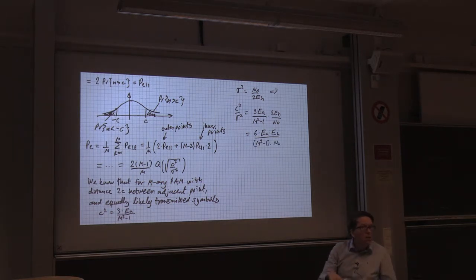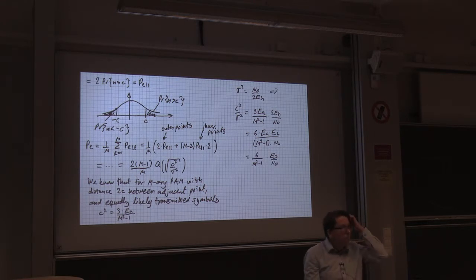And now we see that in the numerator we have EA times EH. Do you remember what that is? ES, exactly. So here we have 6 divided by m squared minus 1 times ES over N naught. This ES over N naught has a tendency of popping up all the time when we do these types of error calculations.